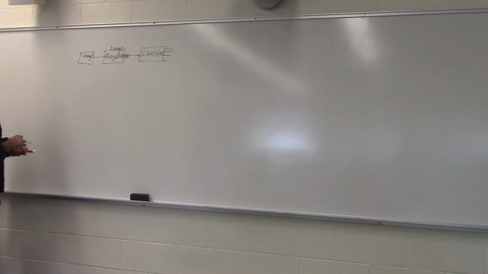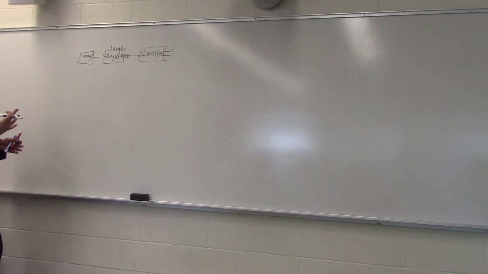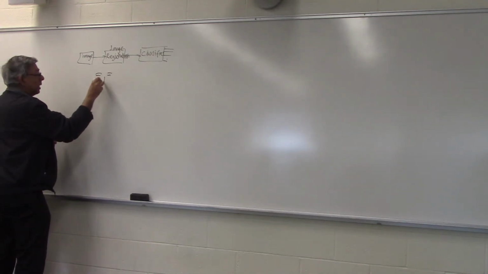So in the previous lecture, we took a look at what if the correspondences between the incoming image and our reference image cannot be established via an active shape model.